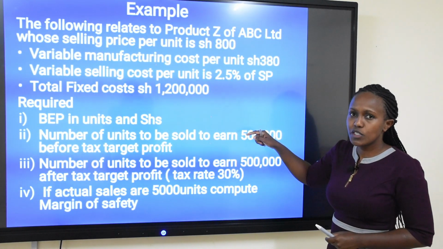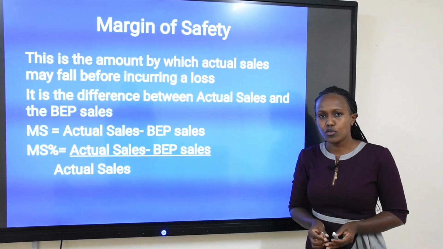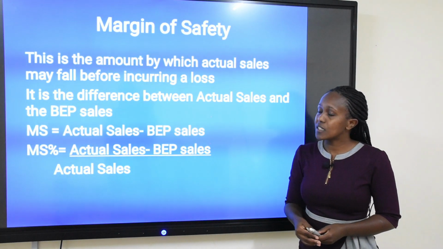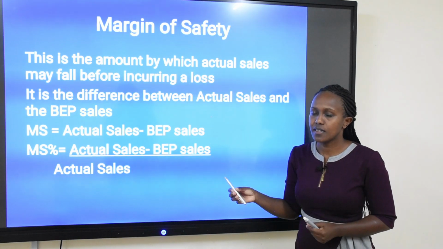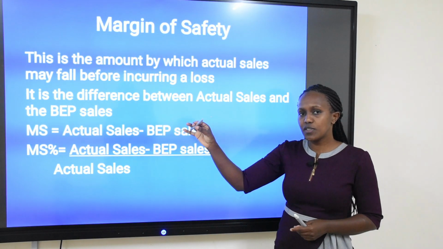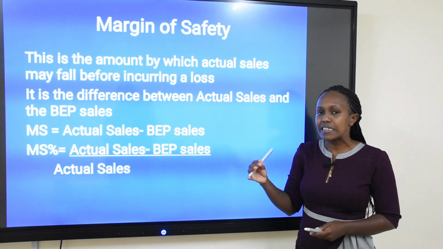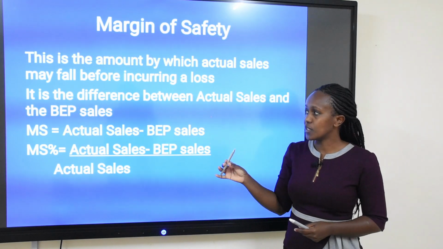And before we go to the question, let's look at something we call margin of safety. How safe are you? When you talk about margin of safety, is how safe are you? So it is the difference between the actual sales and the break-even sales. The higher the margin of safety, the safer the situation. Rather, it is less risky if you have a higher margin of safety.